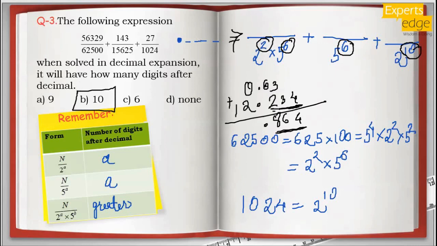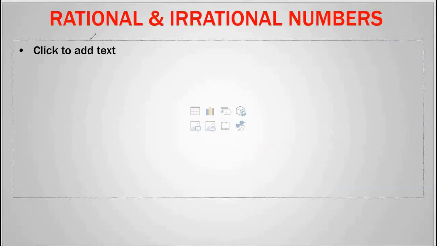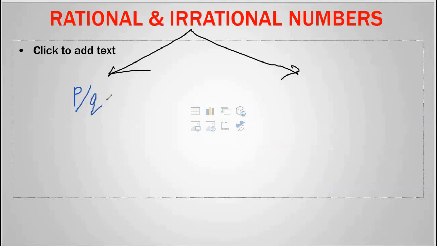Okay. So moving on ahead, there are irrational numbers. Rational numbers are those which can be written in p by q form, where q should not be equal to 0. Why? Because if the denominator is 0, that number will be undefined.